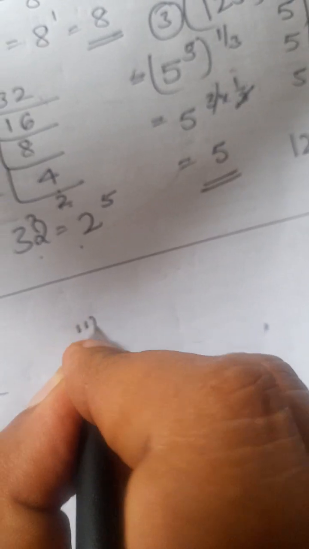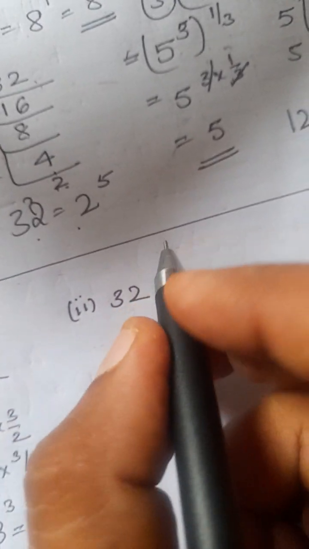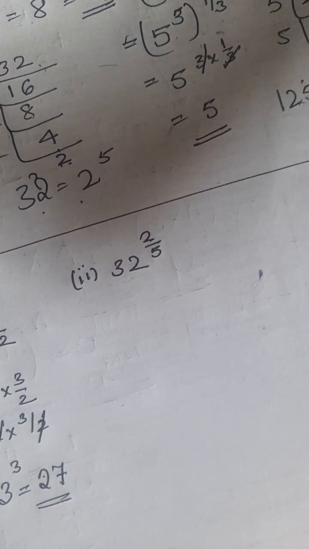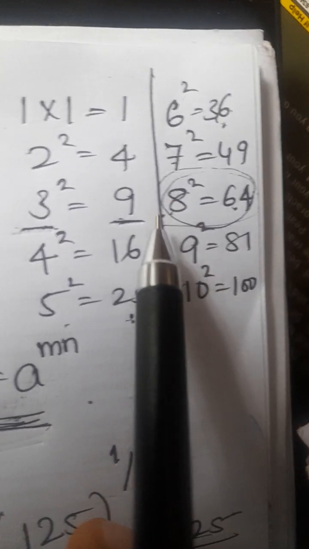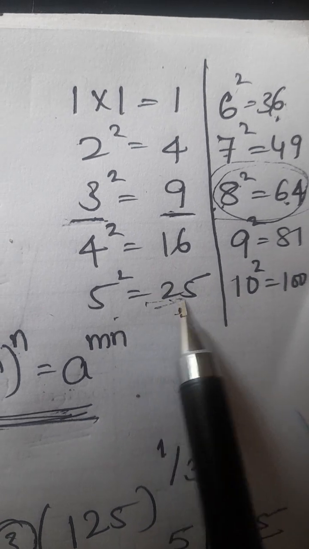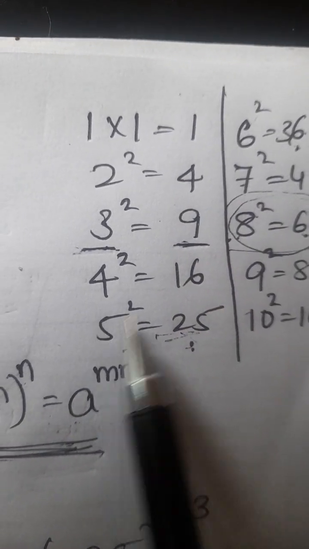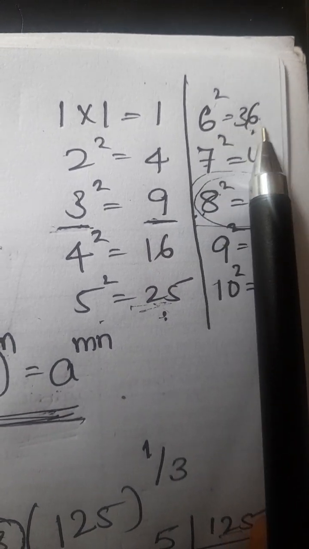Okay. So next, the second sum is 32 to the power 2 by 5. 32 is not a perfect square because it comes between 5 and 6, since 5 square is 25 and 6 square is 36.